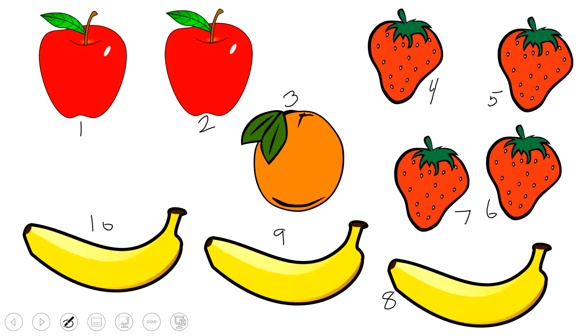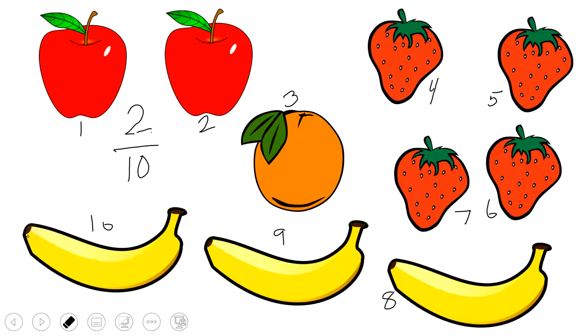So I know that my denominator for all of these is going to be 10, because I've got 10 pieces of fruit that make up the whole set of fruit. So if I wanted to say what is the fraction of apples, I'd look at it and I'd go 1, 2 apples. So it's going to be 2/10 of the fruit are apples.